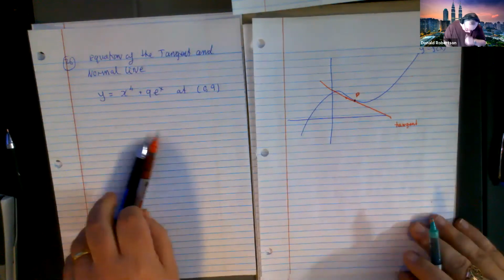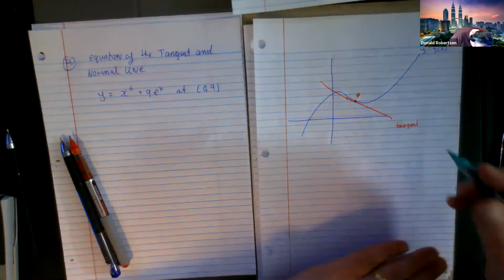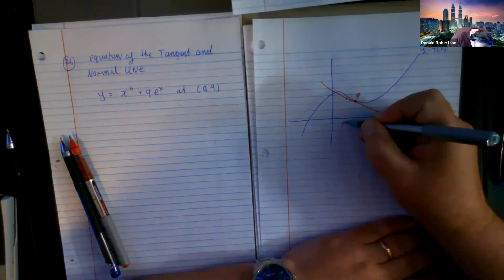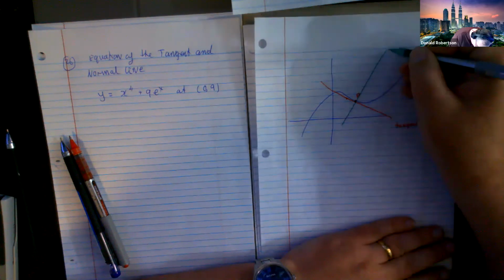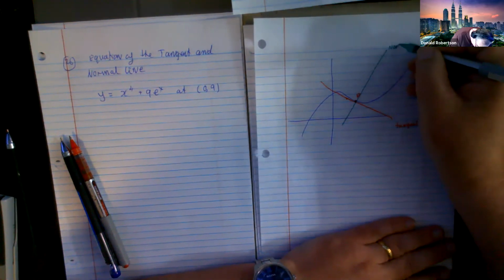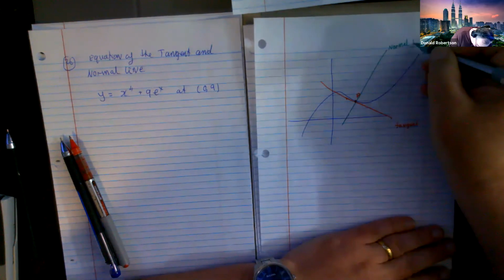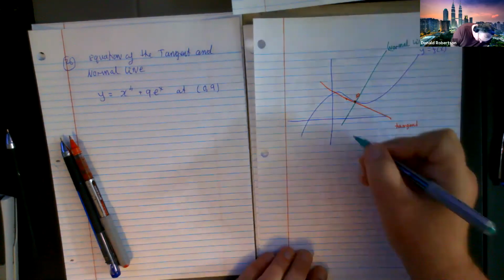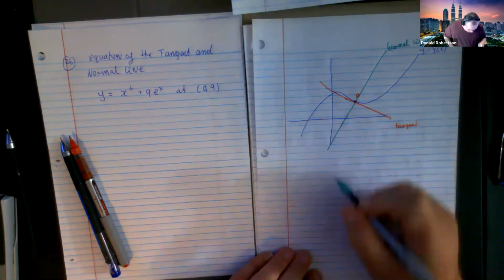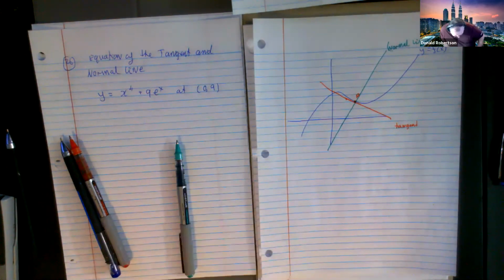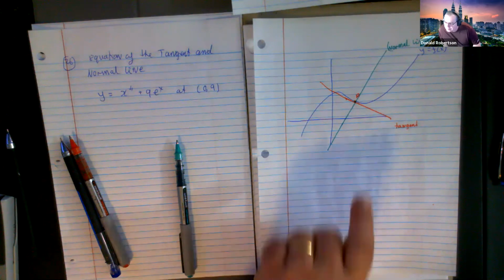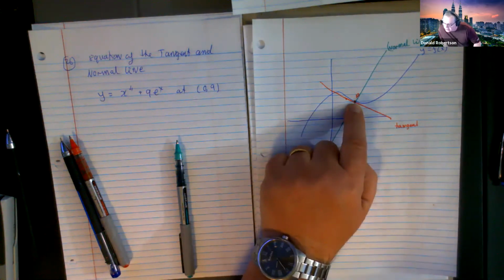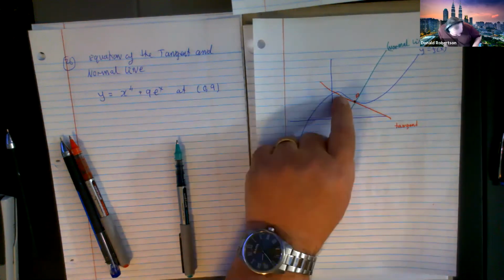There is another line that we sometimes want to get, and it's called the normal line, and it's this green line. And we're interested in finding the equation of this line. Now, what properties does a normal line have? It passes through P, just like the tangent line does, right?